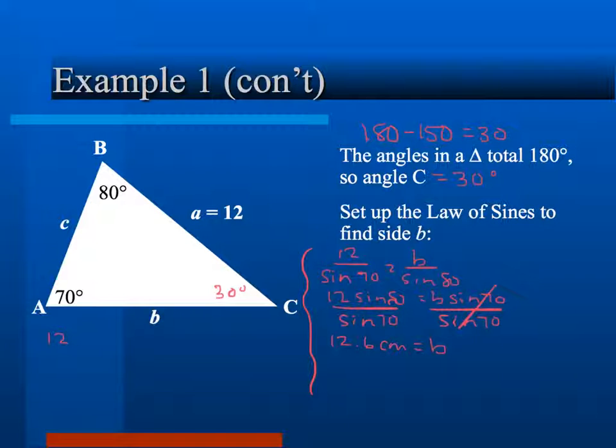If I set up my proportion using side b, my value for b has been rounded. It is not exact. So I don't want to use a rounded answer to produce another one. So 12 over sine 70 equals little c over sine 30. And again, we cross multiply.